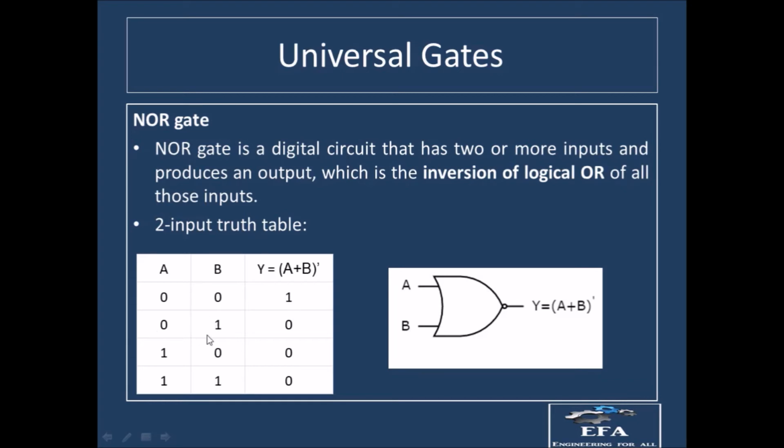Wherever we are having at least one 1 in the input, we were having 1 in the OR gate. Now over here you can see this is exactly the opposite of the OR gate, right? NOR means complement of the OR. So in this case we are having 1 at the output whenever we are having both zeros, and in all the rest of the cases we are having zeros.